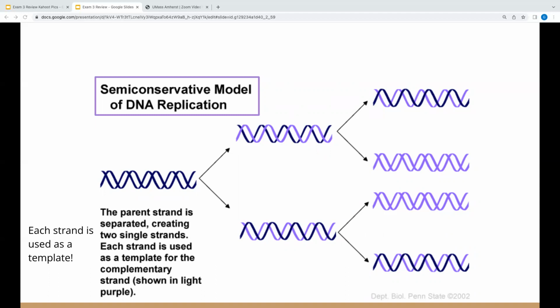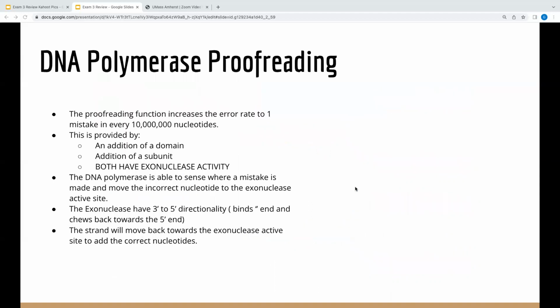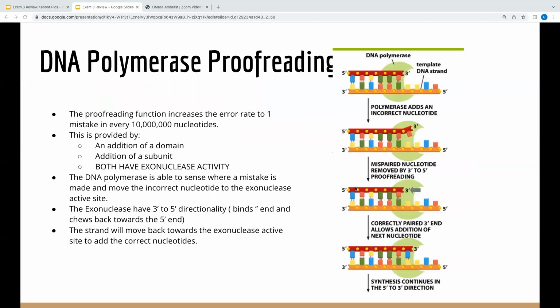As you can see here, the light purple is the new strand. Each time the cell divides, one strand comes from the parental, one is new, and so each time they split, some of it is conserved, but only half each time. And that's the semi-conservative model.